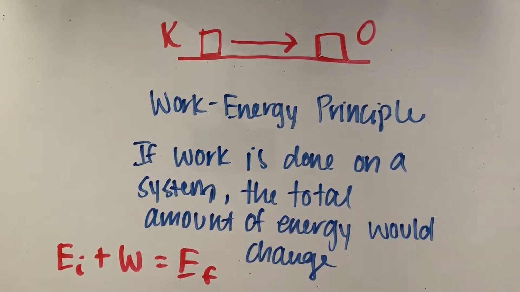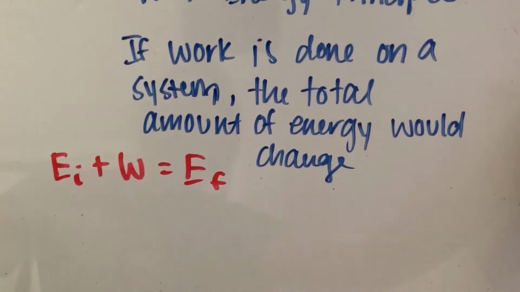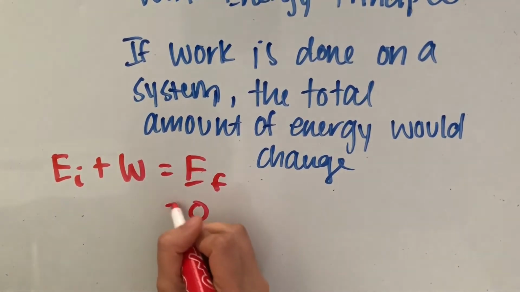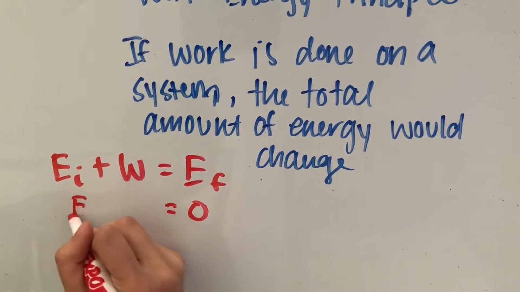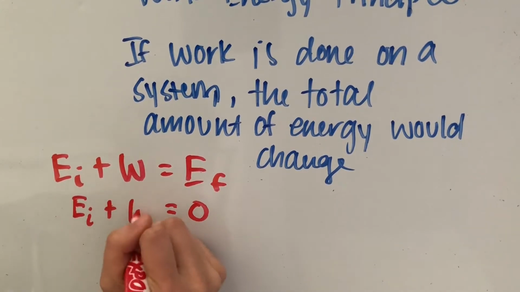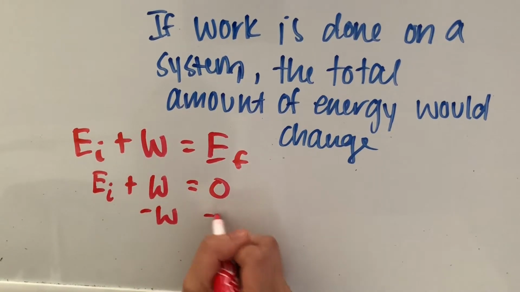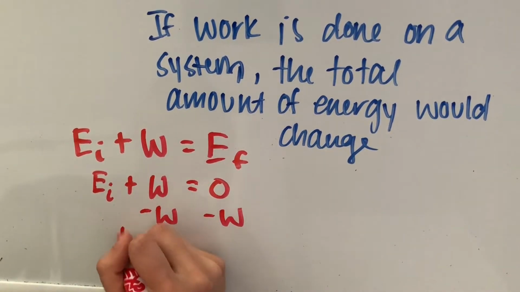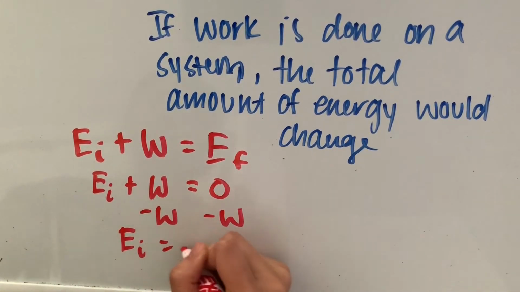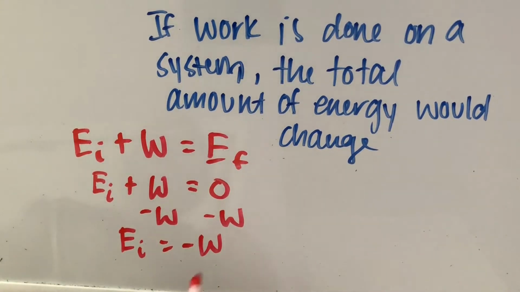And since the final energy of the system, in this case, is 0, then we have initial plus work is equal to 0. And if we subtract work from both sides of the equation, we get that initial energy is equal to negative work. So that means that the work done is negative the quantity of energy that we had at the beginning.